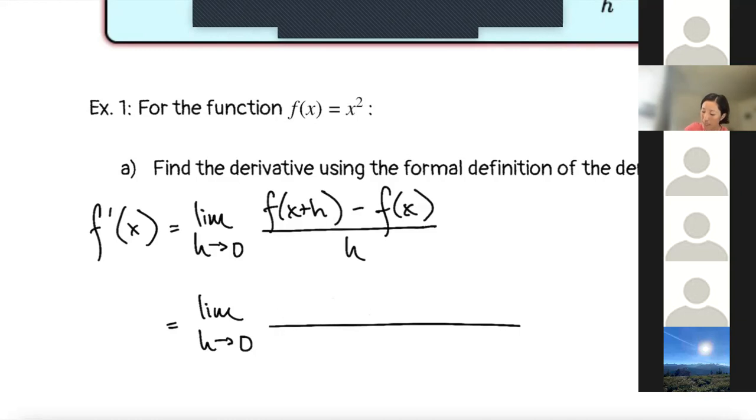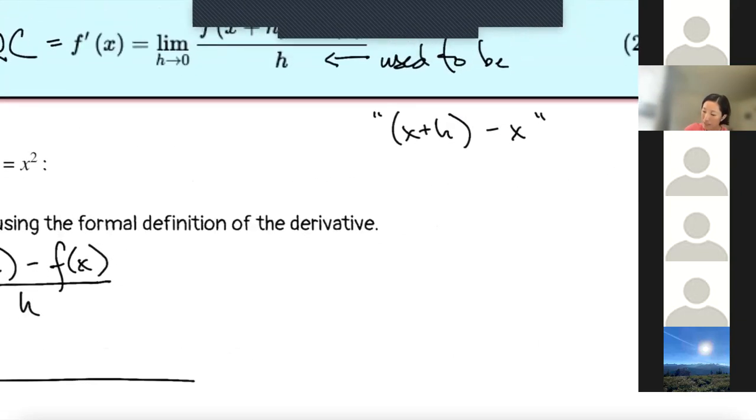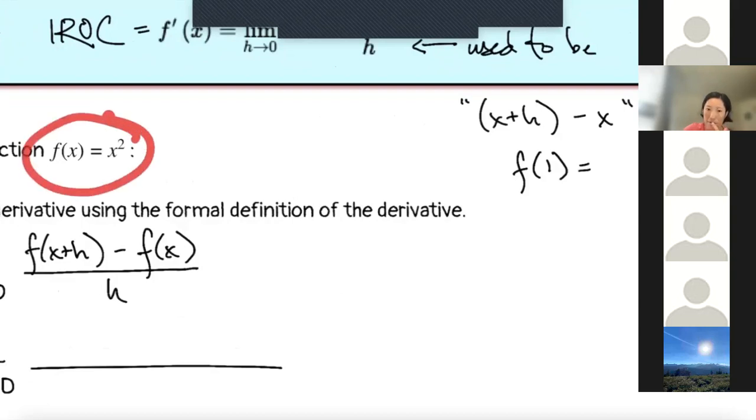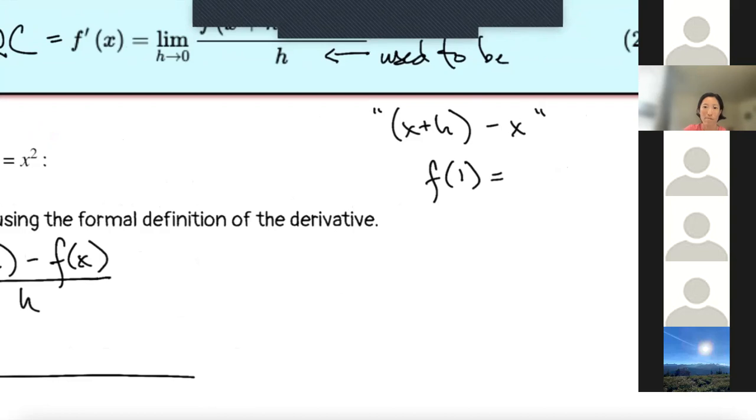I'm going to put this off to the side and let's discuss how we find our f of x plus h, okay? So I'm wondering if I have f of 1 and I'm using this function f of x equals x squared, what is f of 1? Okay, and how did we get that?